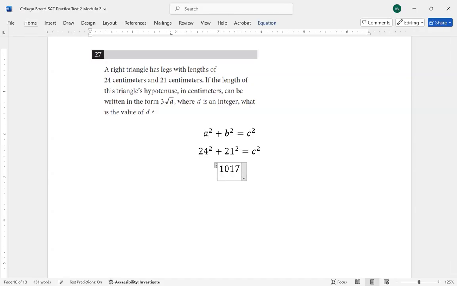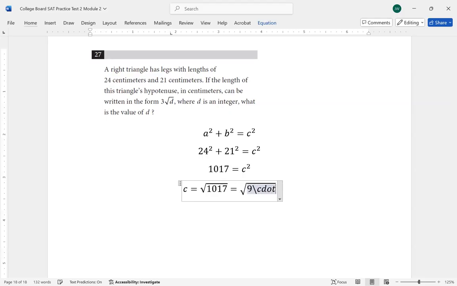So 1017 is equal to c squared. Square root that, and c is going to be, since it's a length, the positive square root of 1017. Now we know we're going to have to factor out a 3. And when I say factor out a 3, from the inside, that means we're going to have the square root of 9 times some other number.